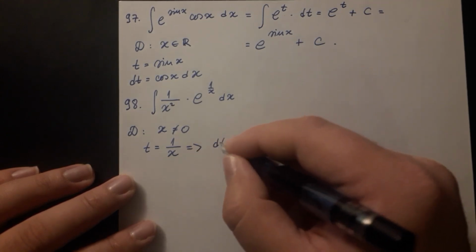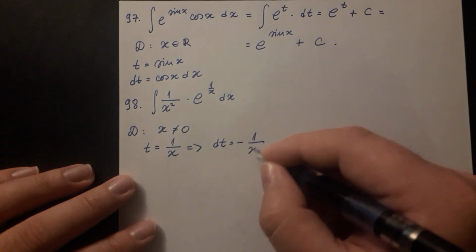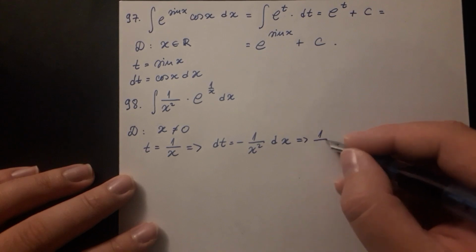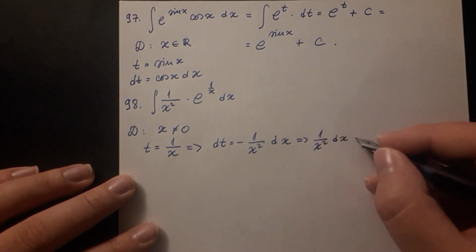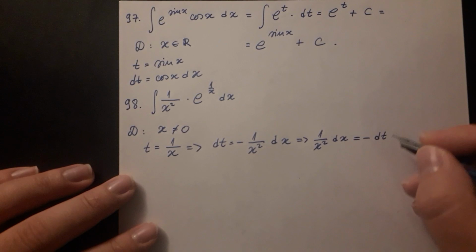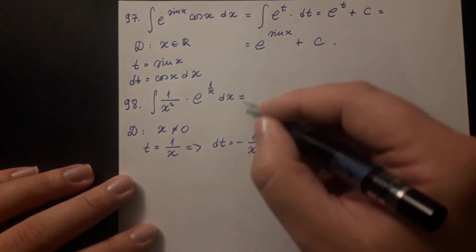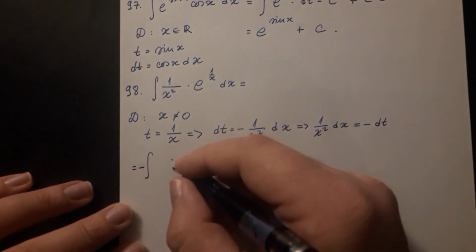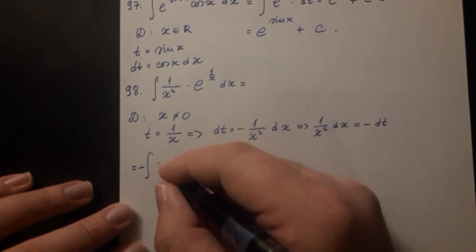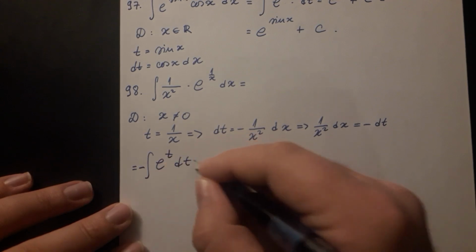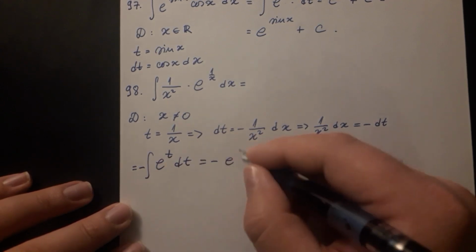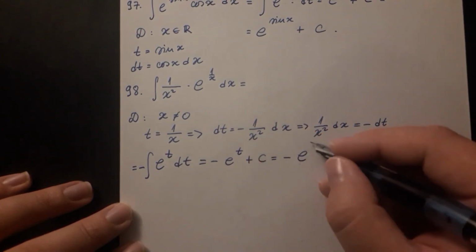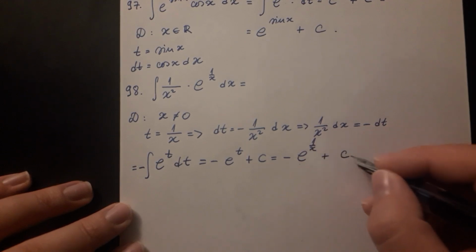That means that the differential of t is negative 1 over x squared dx, which means that 1 over x squared dx is equal to negative differential of t. This integral then becomes negative integral of differential of t times e to the power t. This is then equal to negative e to the power t plus c, which is negative e to the power 1 over x plus c.